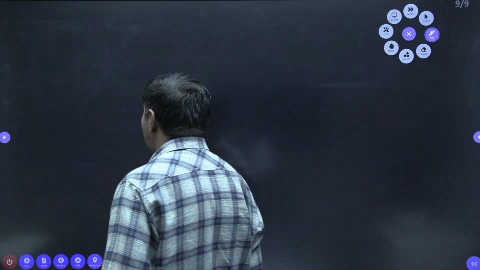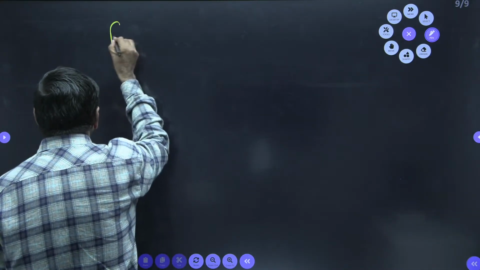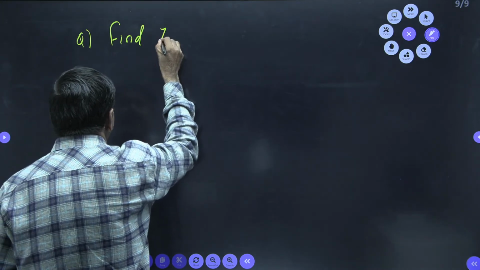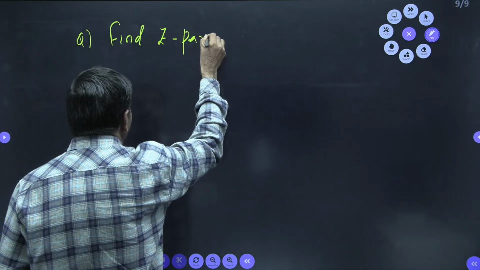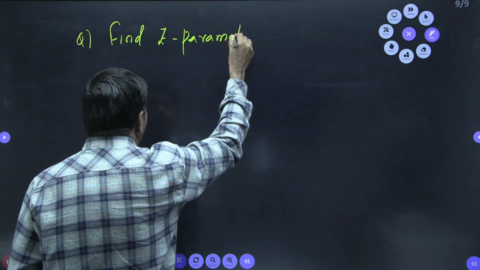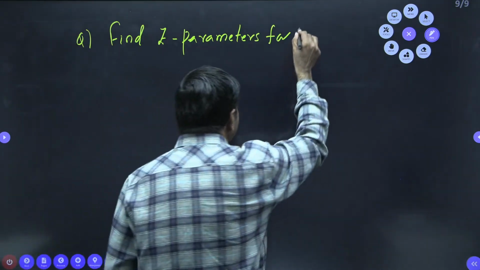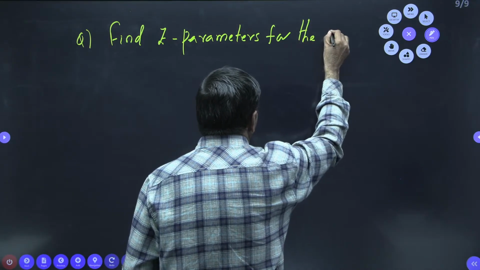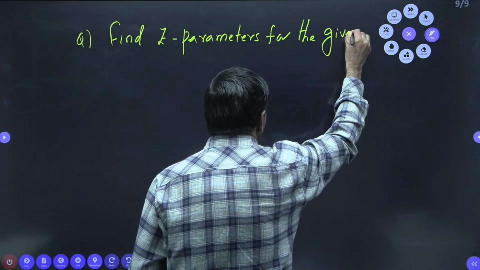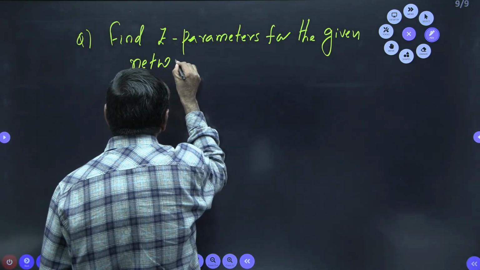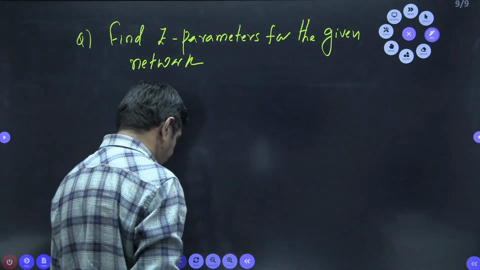Find Z parameters for the given network. The network is given like this.